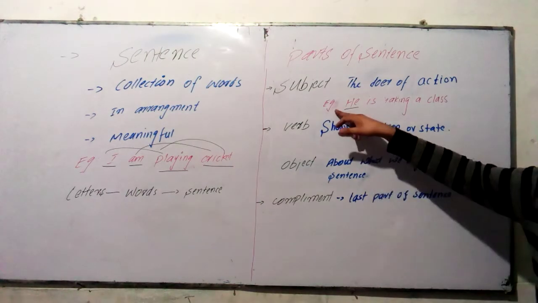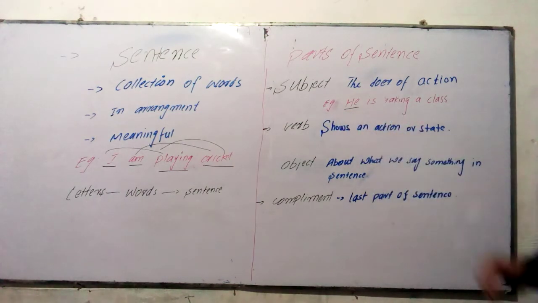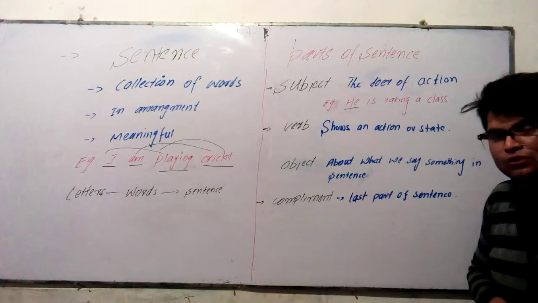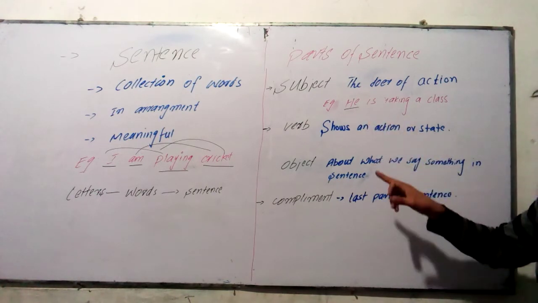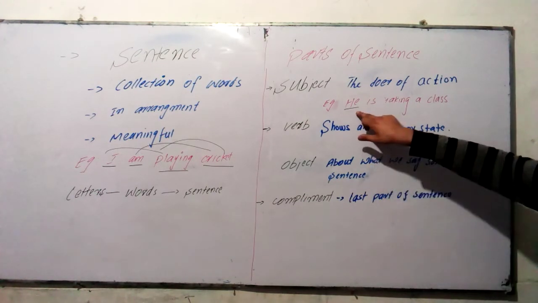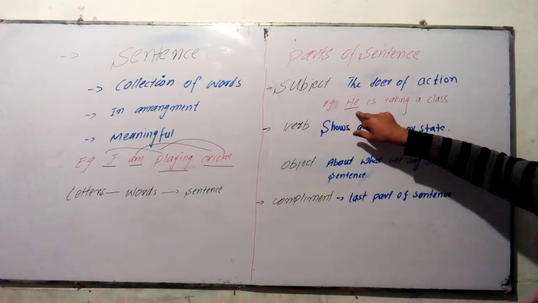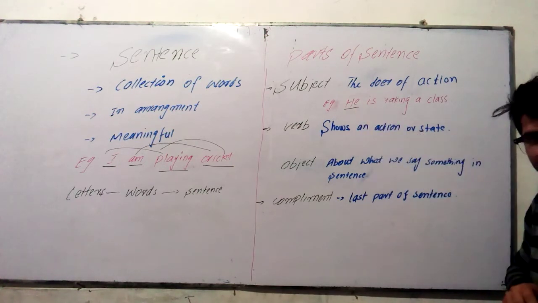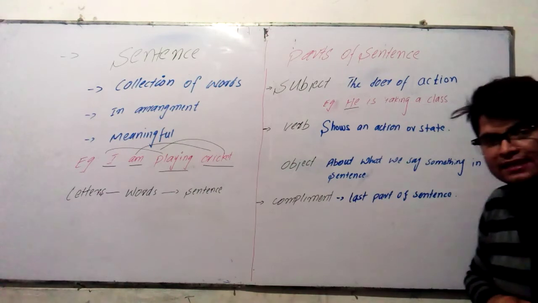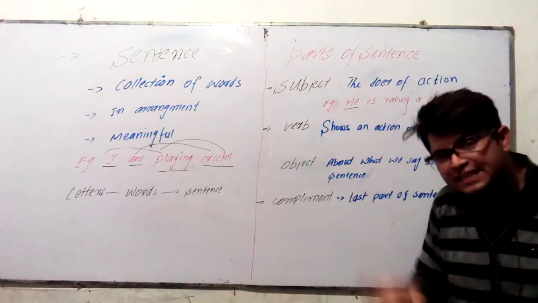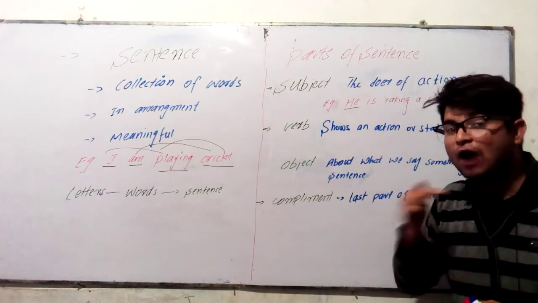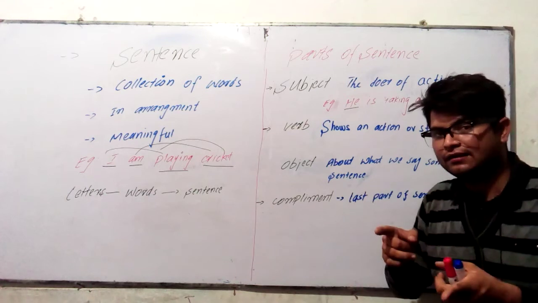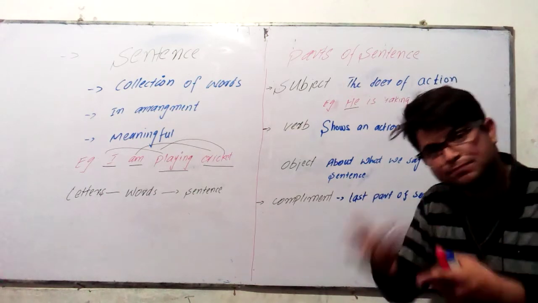Suppose we have an example: he is taking a class. Now he is the doer of an action because he is taking a class. Let's suppose another example, I am speaking. So I is the doer, and what I am doing, I am speaking.